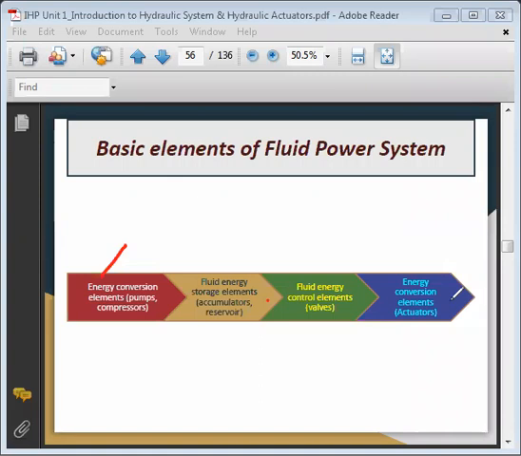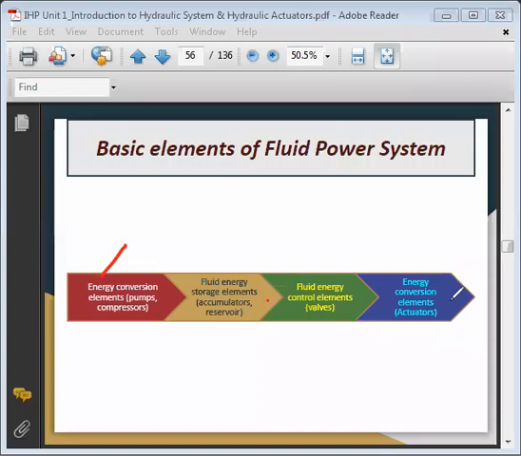In many fluid power applications, we need to convert the pressure energy of the liquid, that means hydraulic energy, into mechanical energy to perform the work. The pump is the element which converts mechanical energy to hydraulic energy. Same for the compressor.